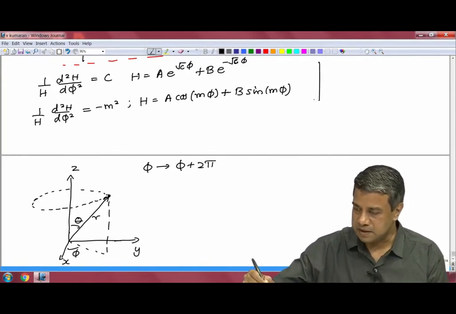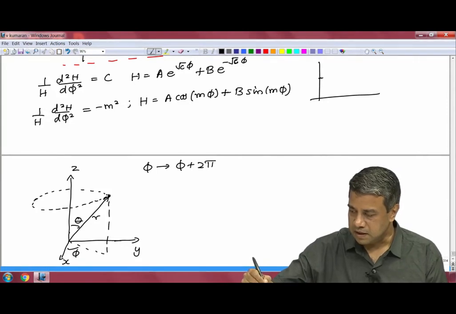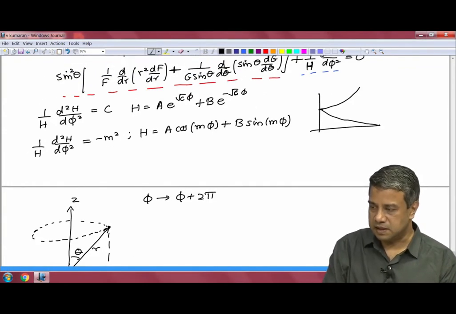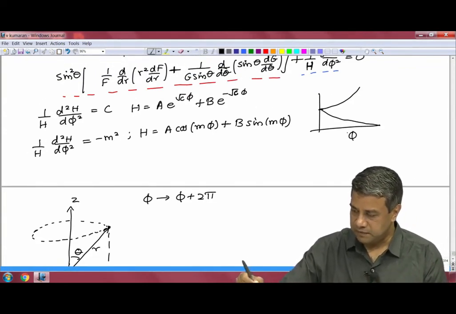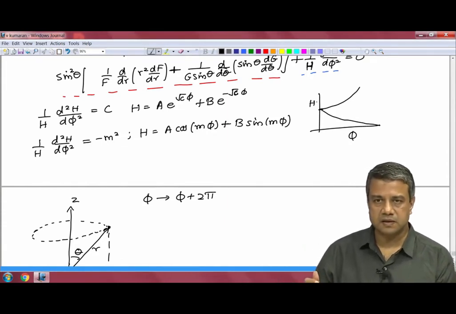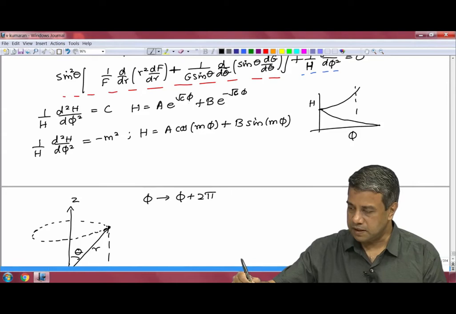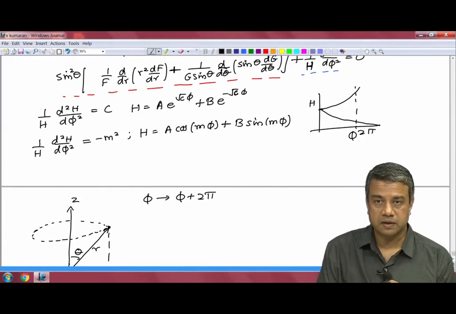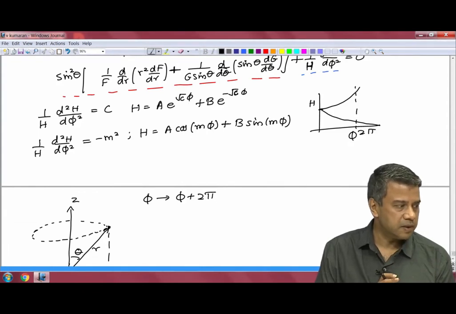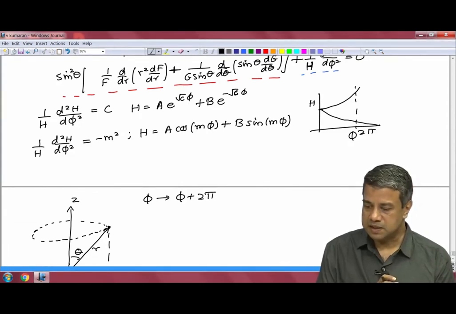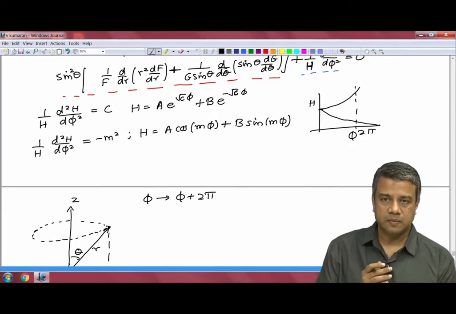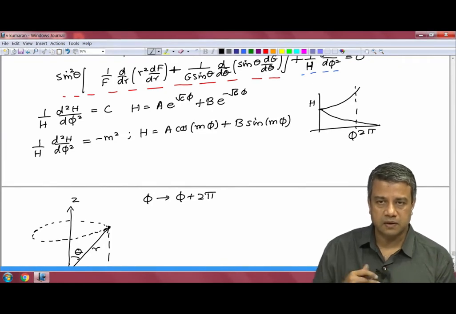These exponentially increasing and decreasing functions of phi either increase or decrease exponentially, and if you increase phi by an angle 2 pi, they will not come back to their original values. So, this requirement that when you go around by an angle phi you come back to the same physical point in space means that this constant cannot be positive, because exponential functions are not periodic, they do not come back to their original value when you increase phi by 2 pi.